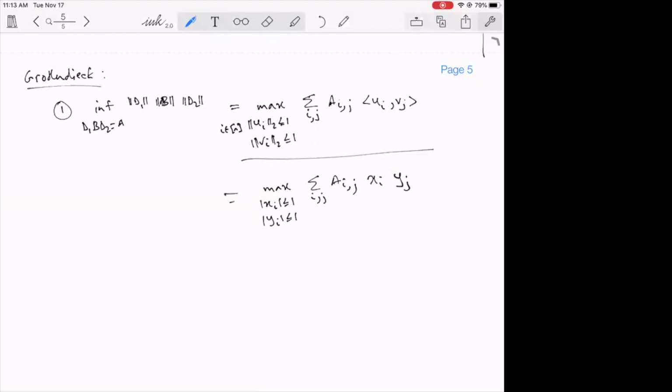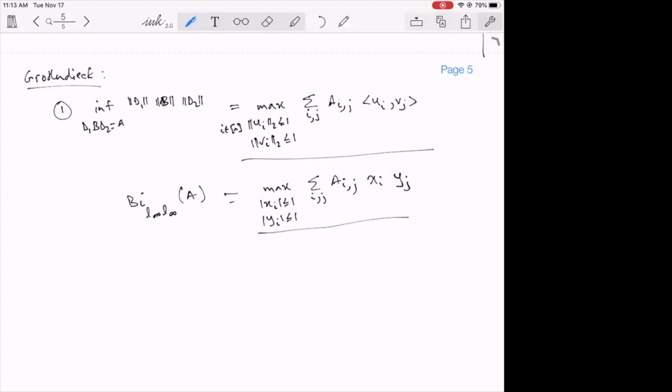Recall this is equal to the bilinear maximum, the L infinity norm of A. Avi was asking me to write this down to compare it to the quantity I wrote above.